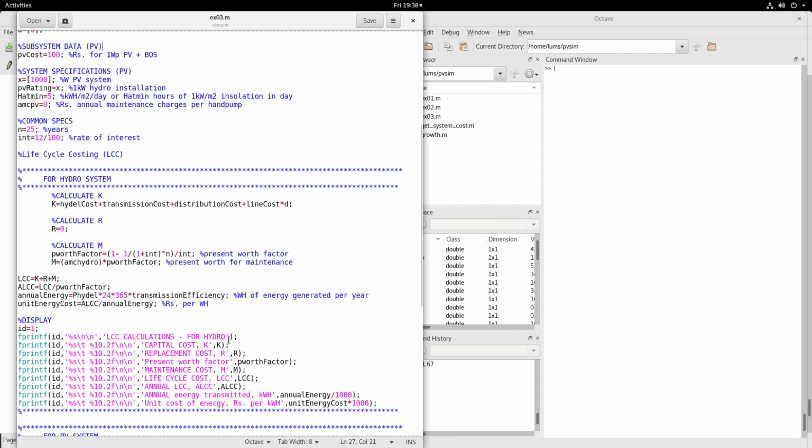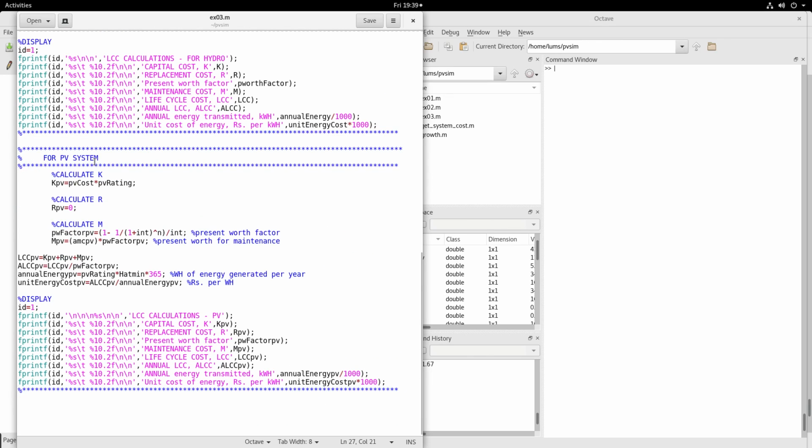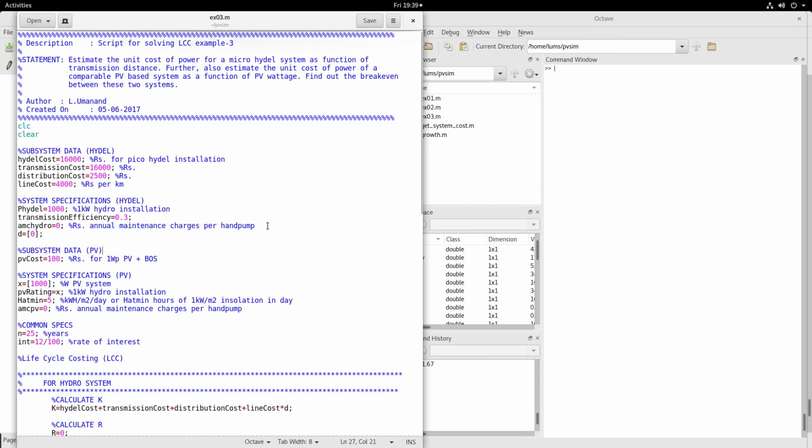Then the display section displays all the parameters. Then you do the same exercise for the PV system: calculate the capital, replacement cost, maintenance cost, then the LCC, ALCC for the PV, annual energy generation capability, and the unit energy cost, and then display them. So this is what the script file contains. It automates the process of calculation. Therefore, you can quickly change the specification and find out for your systems.